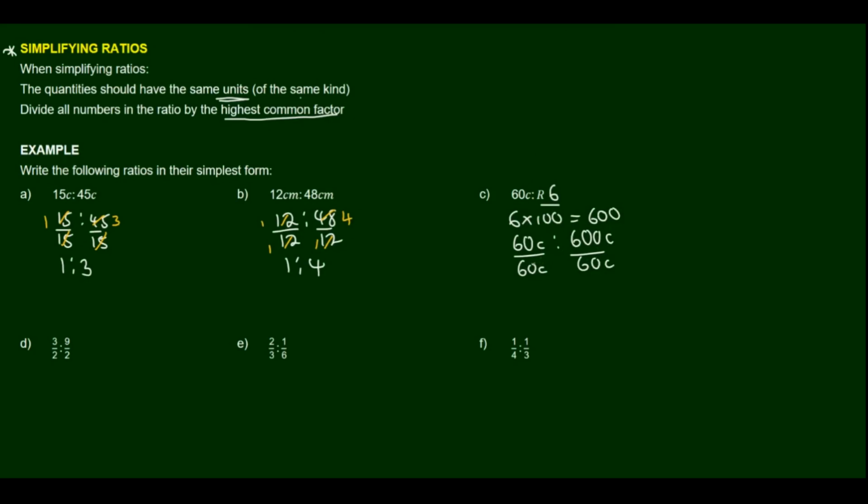You can say cents and cents, they go. And then now 0 and 0 will go there. We remain with 6 and 6. And then 0 and 0 they go, and then we remain with 60 and 6. Right. 6 divided by 6 is 1. So we remain with 1 there. 60 divided by 6 is what? It is 10. So we remain with 10 there. So this is like 1:10.